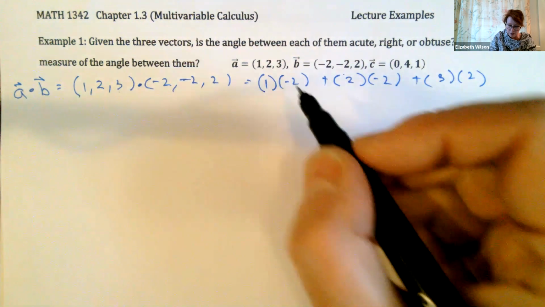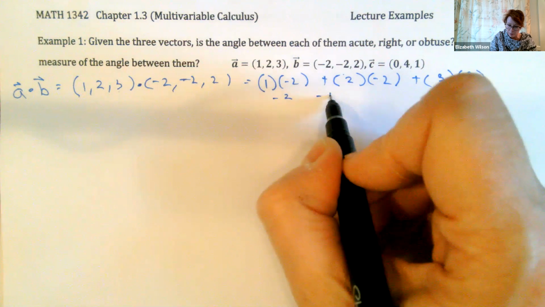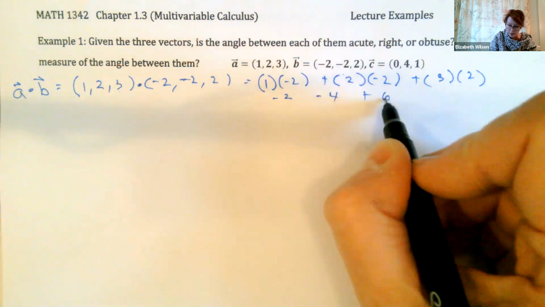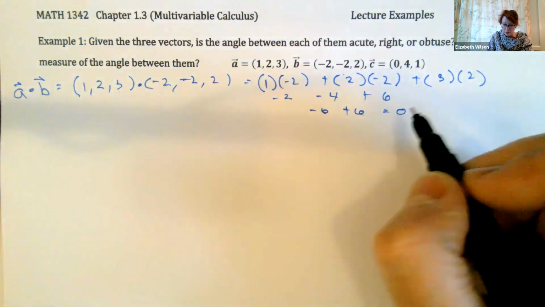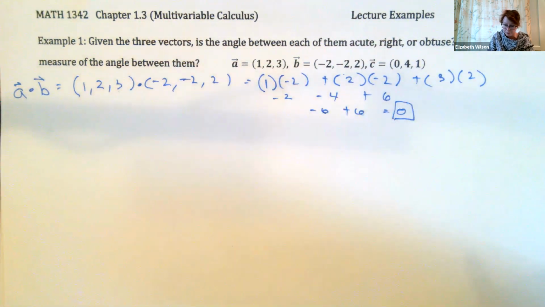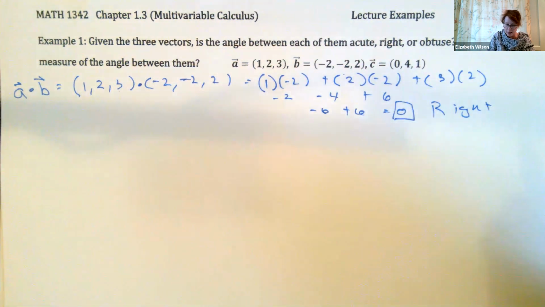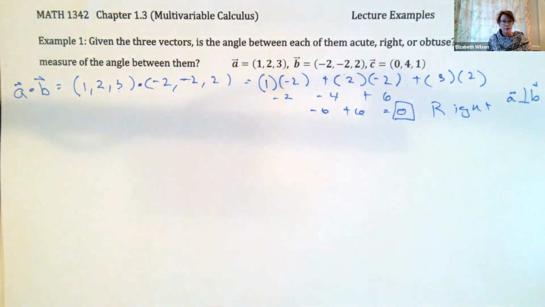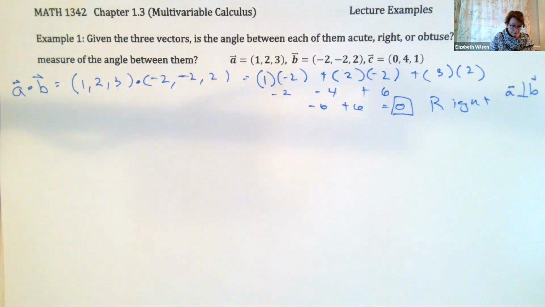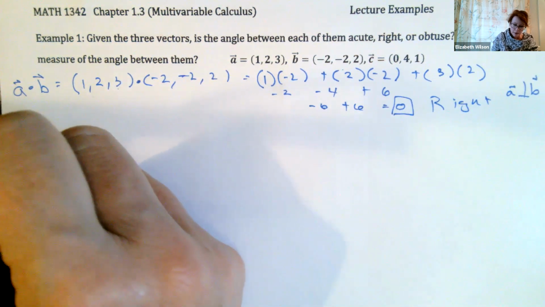This is -2 - 4 + 6, which is -6 + 6 equals 0. We said that when the dot product is equal to 0, that means a and b are perpendicular to each other because they're at right angles to each other. So let's do a and c. We'll check that out.